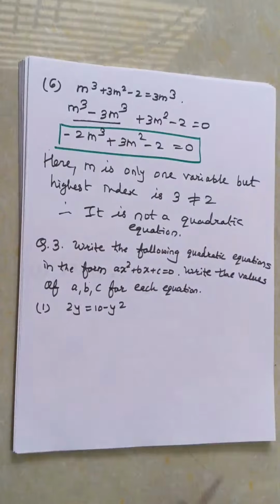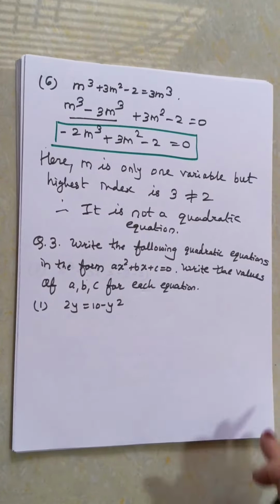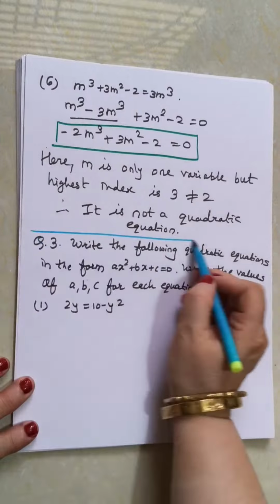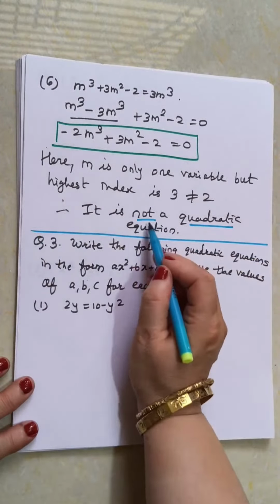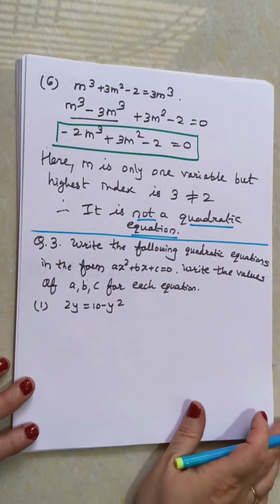So everybody understood this? Let me get replies from you that you understood or not. So in this question, what was the thing? That it has only one variable m, but its highest index is 3 and therefore it is not a quadratic equation. So everybody understood?